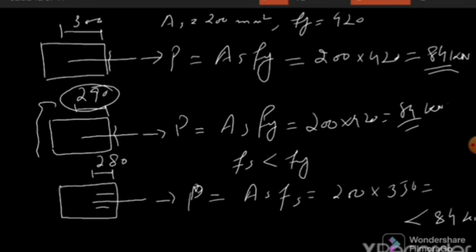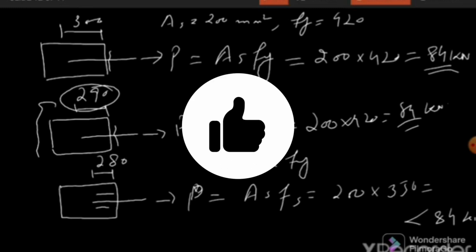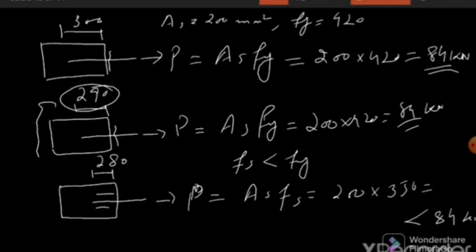The yielding of the bar occurs but not a pull out, because when a pull out failure occurs, the full strength of the bar is not utilized. So we need to utilize the full strength of the bar. So for an ideal design, at failure the stress in the bar should be equal to Fy, and we can achieve this at 290 mm.